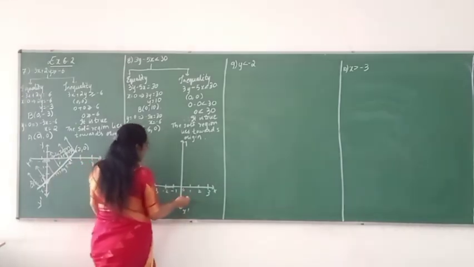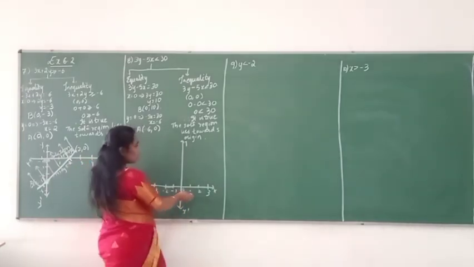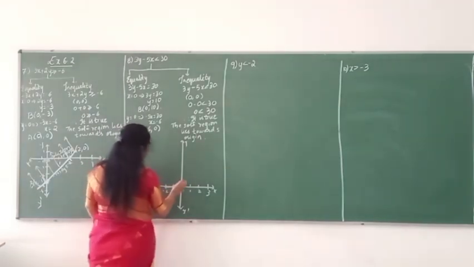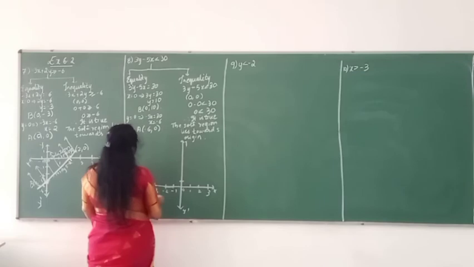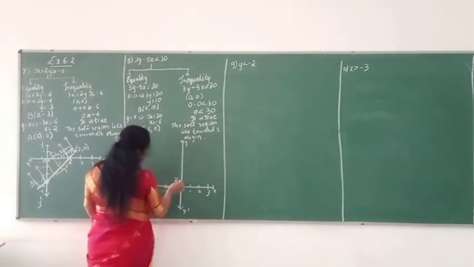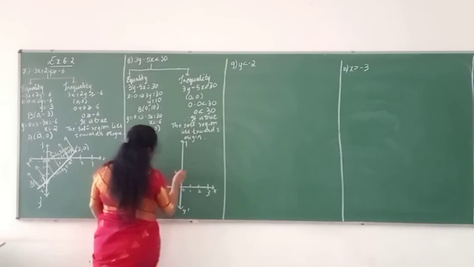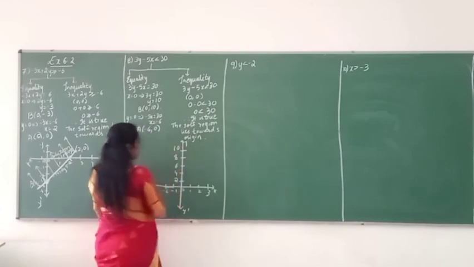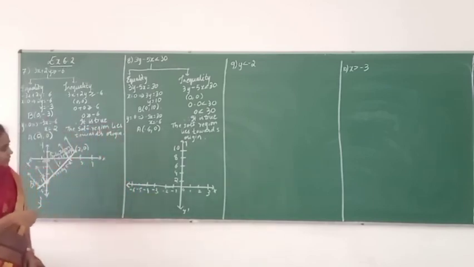So here you can consider x-axis as 1 unit is equal to 1 centimeter. For the y-axis, for 1 unit I am taking 2 centimeters. So 2, 4, 6, 8 and 10. I have just changed the y-axis points here.